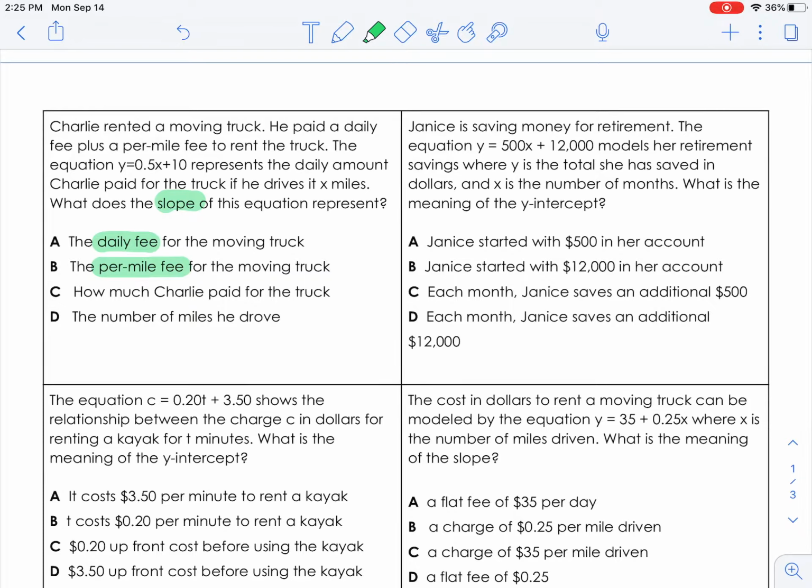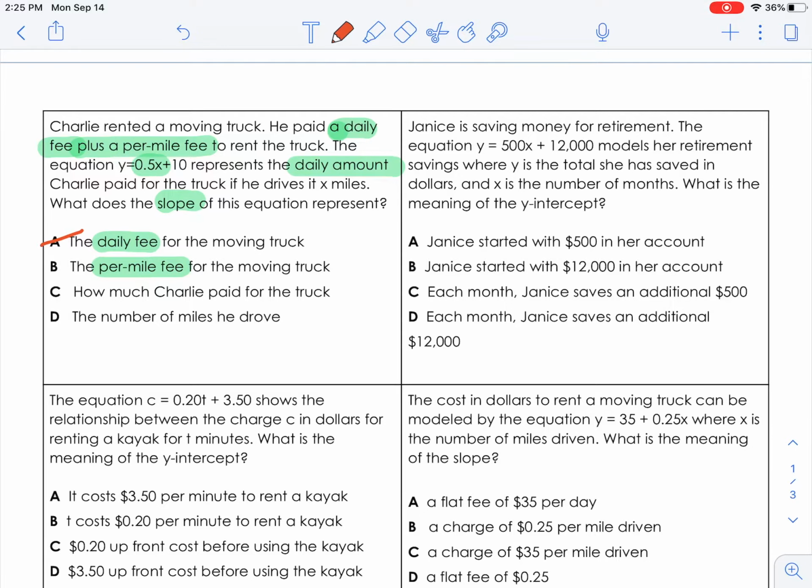Now we're kind of confused. Is it the per mile or the daily? Well, let's go back and look. He paid a daily fee plus a per mile fee to rent the truck. This whole equation models the daily amount. So what he's paying for every day is not only to rent the truck, but he's paying per mile that he drives the truck.